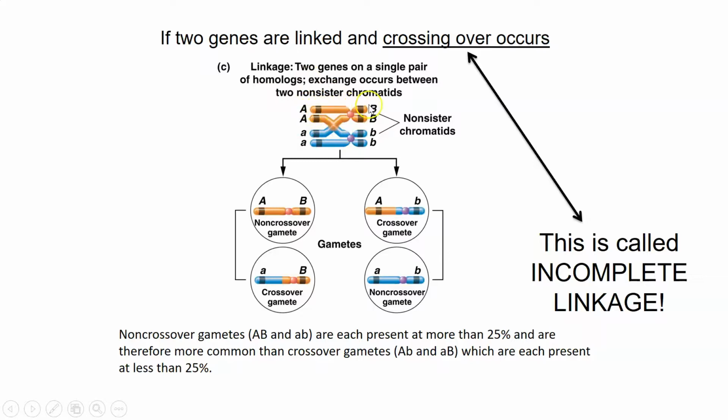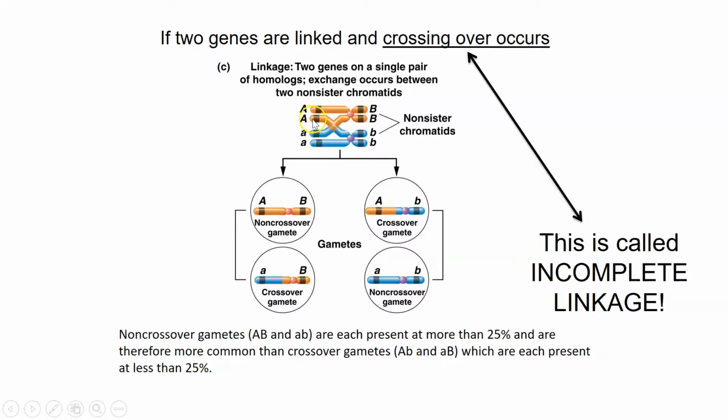Well, we could just follow the chromatids here and the four types of gametes that would result from this meiosis. One gamete would have both dominant alleles, and that is a non-recombinant gamete. Non-crossover, non-recombinant. This one down here, little a, little b, same thing. Non-recombinant, it has the original combination, both recessive alleles.